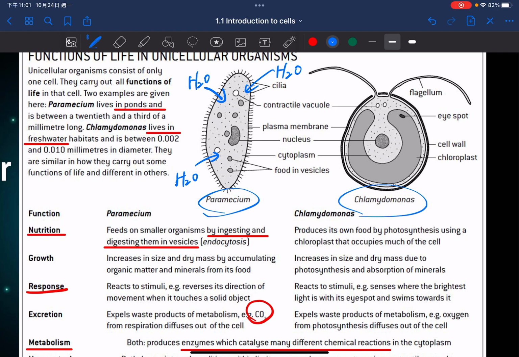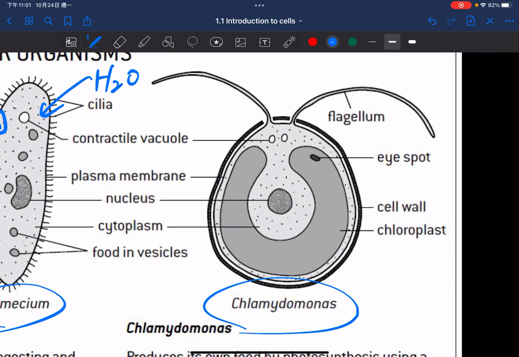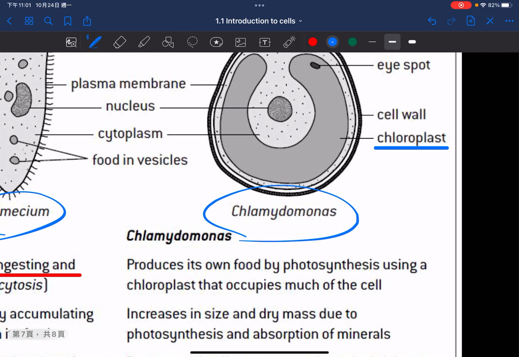The first thing is nutrition, because the algae contains a chloroplast. That means it can do photosynthesis. So the algae can produce its own food by photosynthesis using a chloroplast.